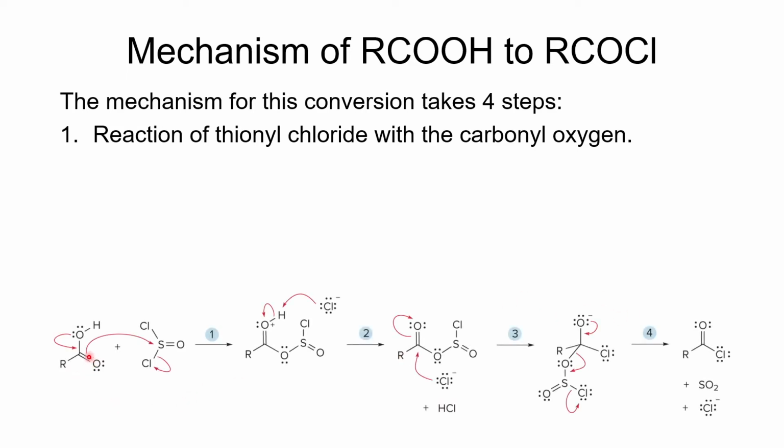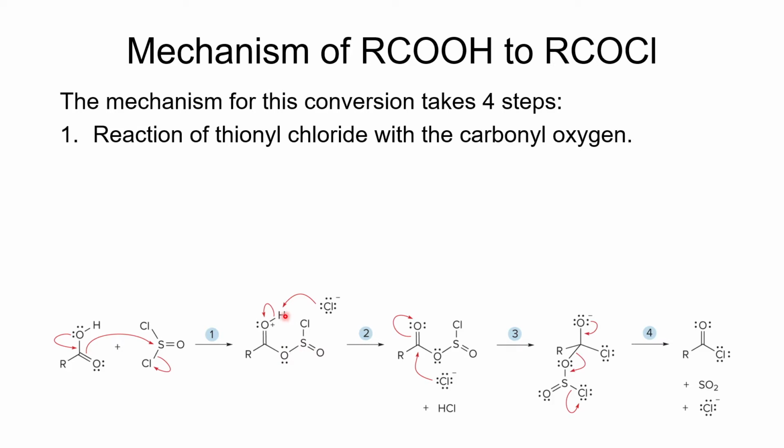We get a pair of electrons, from either the oxygen or the pi bond, that reacts with the sulfur, and we get this. We simultaneously have chloride leave from the thionyl chloride. This is a very good leaving group, and a very weak base.